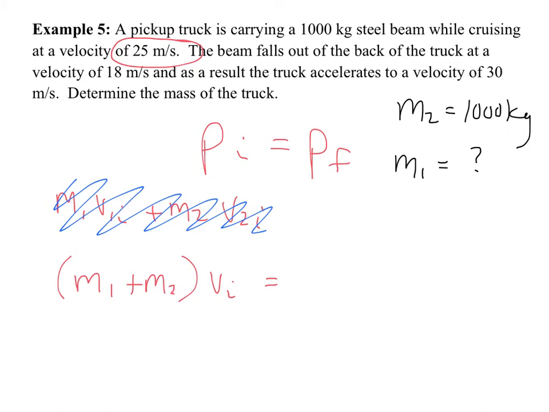Now, on the right-hand side of this, I know that there is momentum for the truck, because it's moving on its own now, and there's momentum for the beam, because it's moving on its own now. So the way we wrote this and crossed it off, we're going to use that same exact writing, but instead of VI, what?